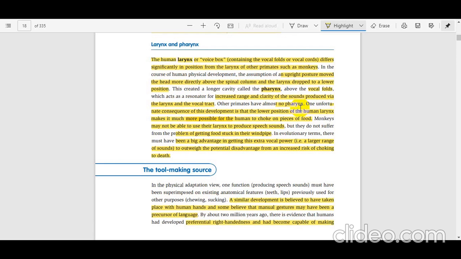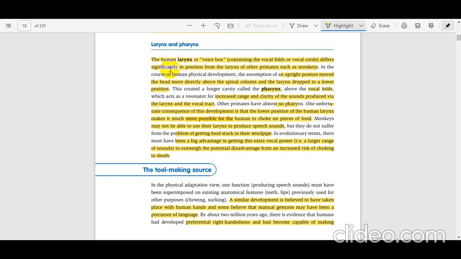The third point of comparison is the larynx and pharynx. Now, the human larynx, or let's say the voice box containing the vocal cords, differs significantly in position.